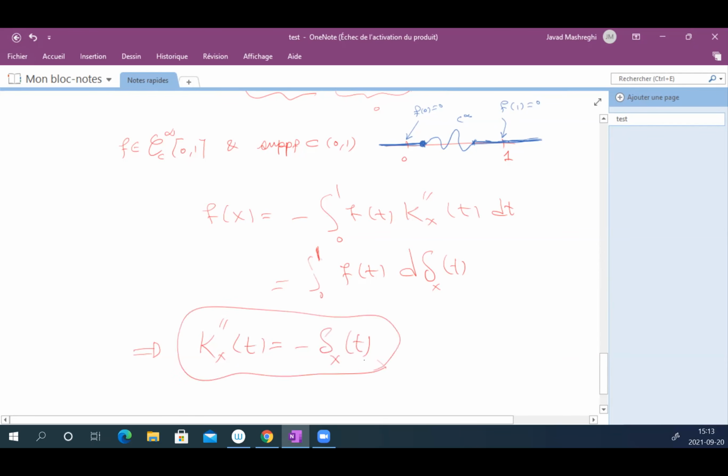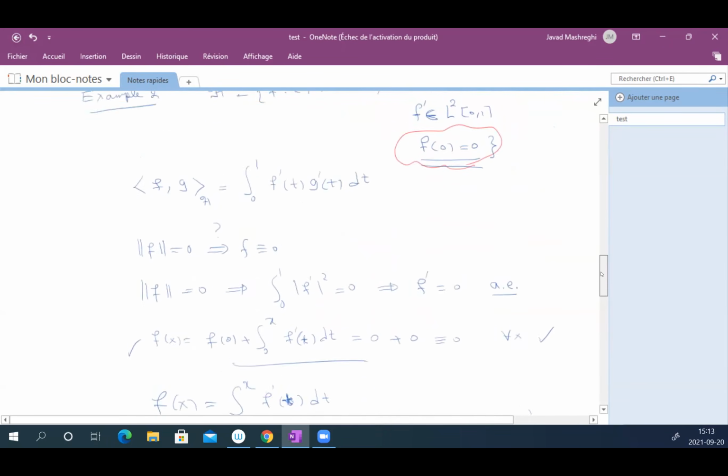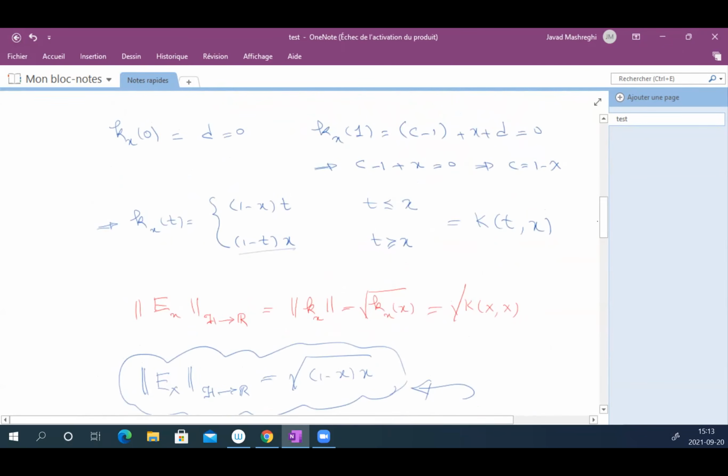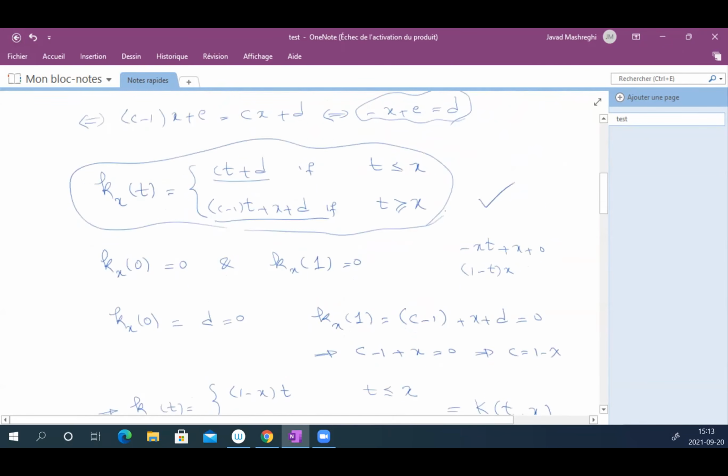And once we obtain a general solution of this, it was up here. Once we obtain the general solution of this differential equation of order 2, and being of order 2, it is natural to have two constants. One of them is D, the other is C. And how do we obtain this one?